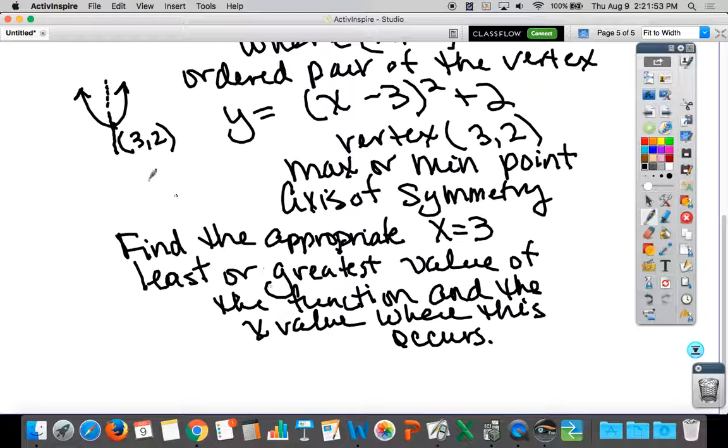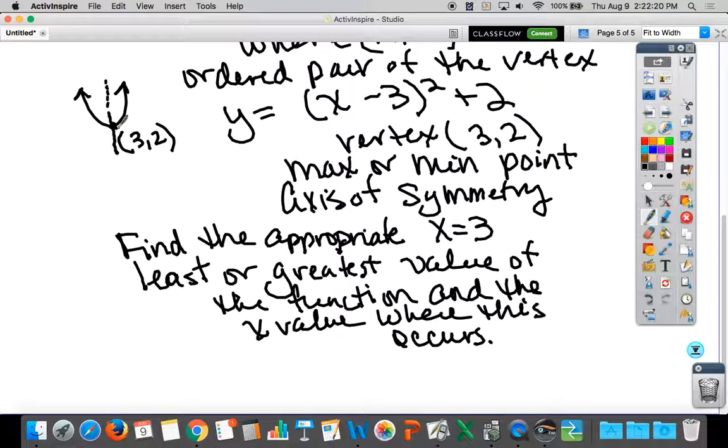Okay, so looking at this graph, knowing that this is the vertex and it occurs at 3, 2, what is the lowest value? Now, when we're talking about greatest or lowest or max or min, I'm going up and down which axis? The y. So guess which value I'm looking for? The y.